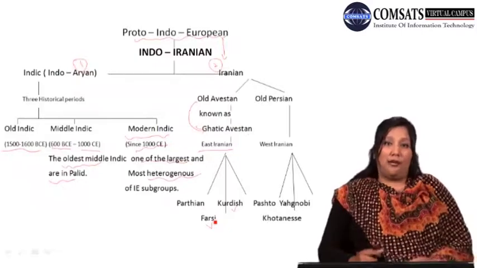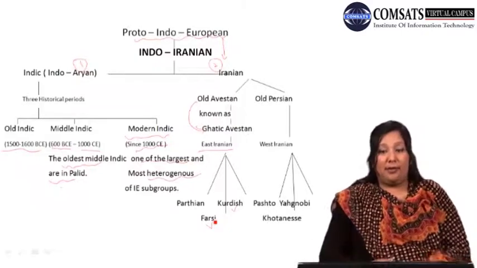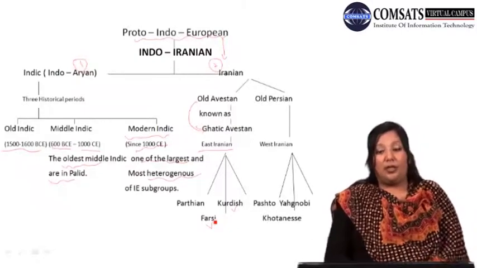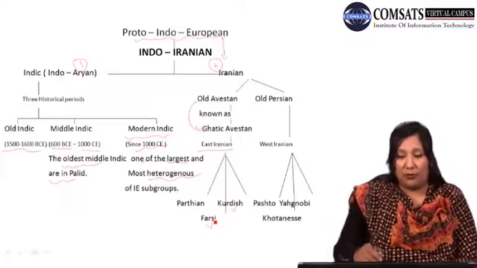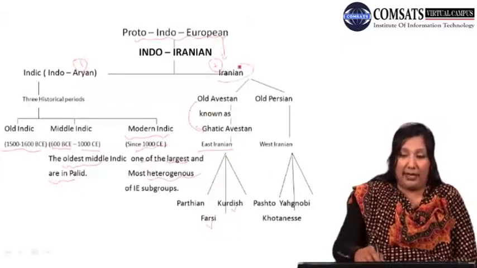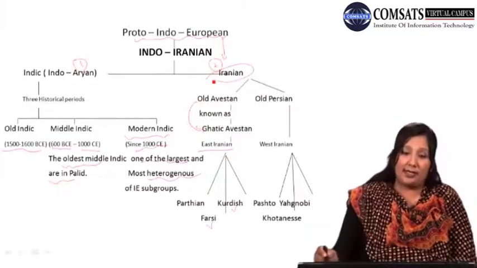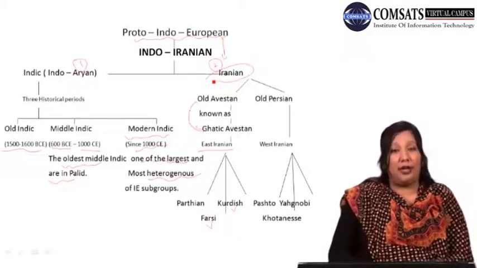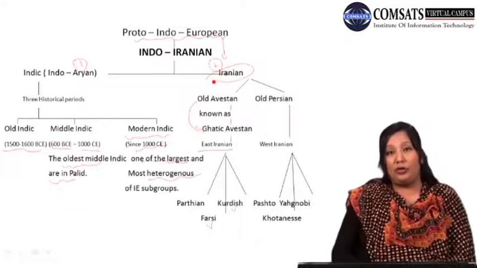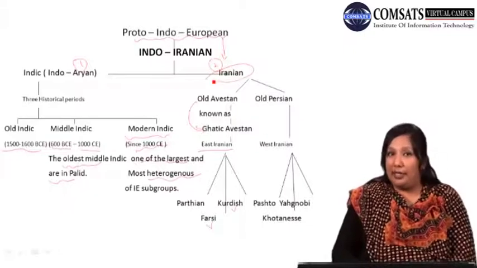These are two historically very famous languages of the world. We are amazed to know that these two come from Old Avestan, from Iranian, and Iranian was a sub-branch of Indo-Iranian, and Indo-Iranian was a sub-branch of the Proto Indo-European family of languages.